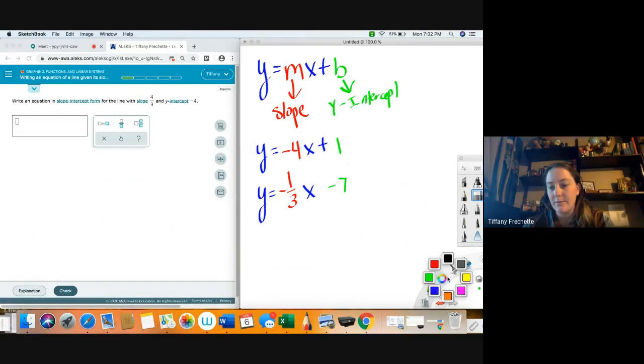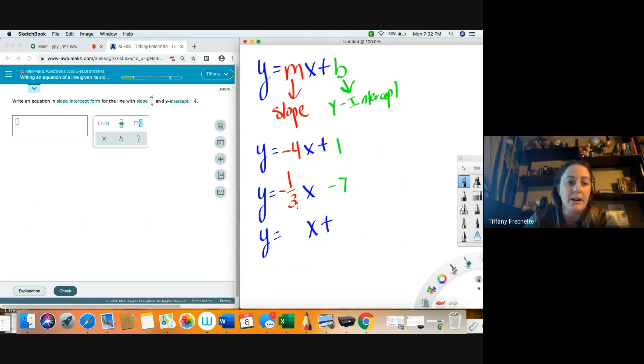So let's go over here. I'm going to start out with my y equals x plus, and I'm going to switch to red for my slope. All right, so write an equation in slope-intercept form for the line with slope 4/3 and y-intercept -4. So they tell me slope is 4/3. I just plug it in next to the x, and the y-intercept is -4.